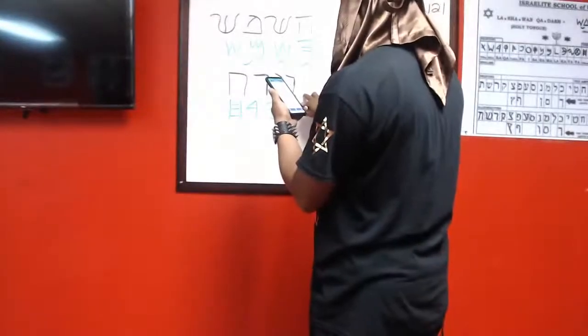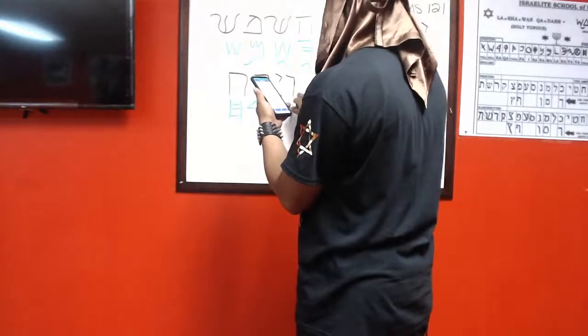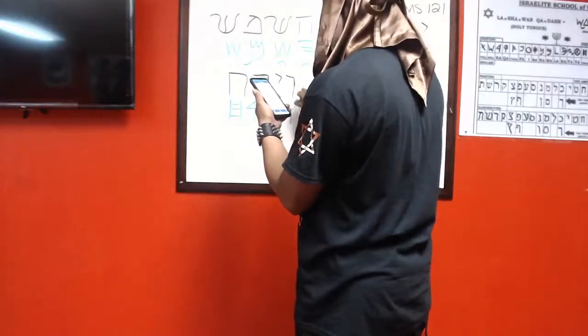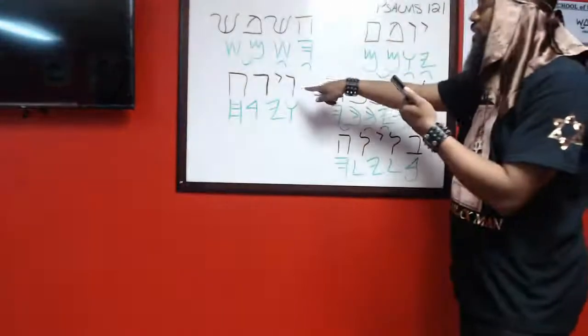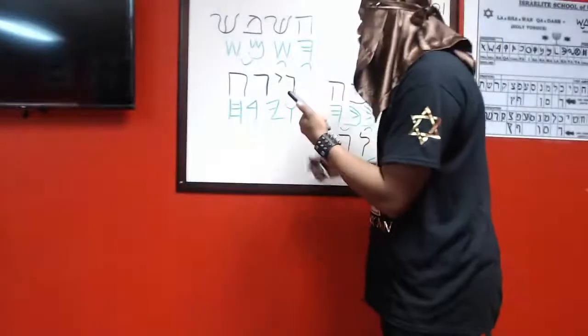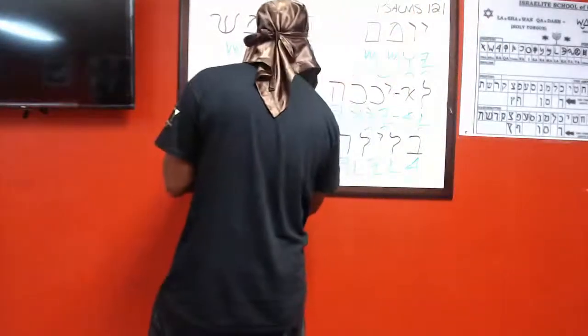Let's look at the alphabet. We got the Yah. What's that first one? What's the one before that though? Why Yah? Why Yah what? There we go. That's right.